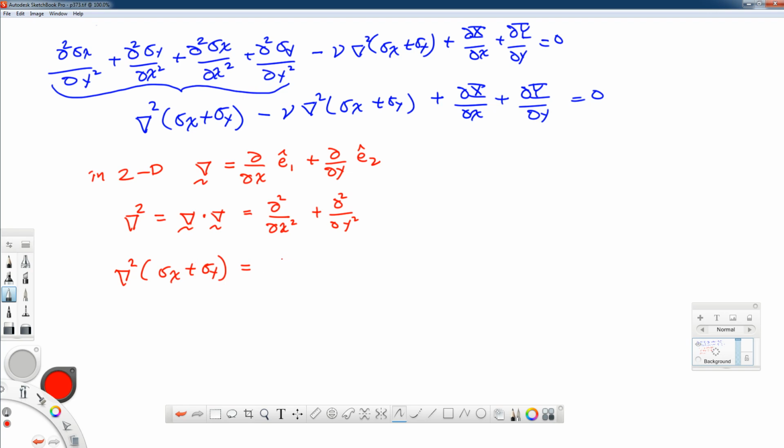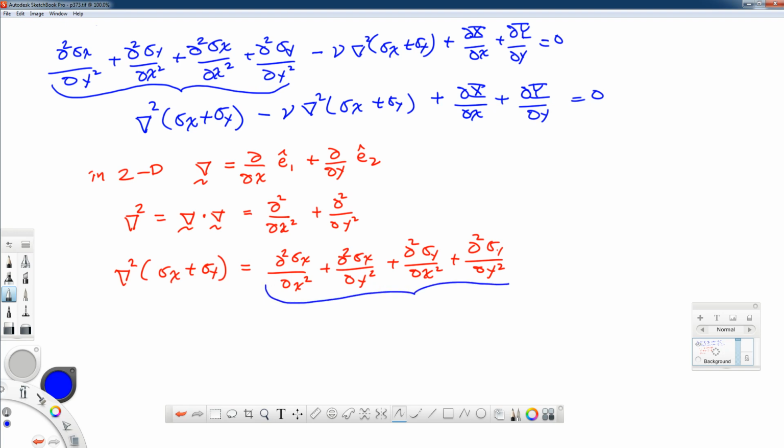And what we would get would be the second partial of sigma x with respect to x twice, plus the second partial of sigma x with respect to y twice, plus the second partial of sigma y with respect to x twice, plus the second partial of sigma y with respect to y twice. So that's why when I see a grouping of constants like this, I can write down the quantity del squared of sigma x plus sigma y.